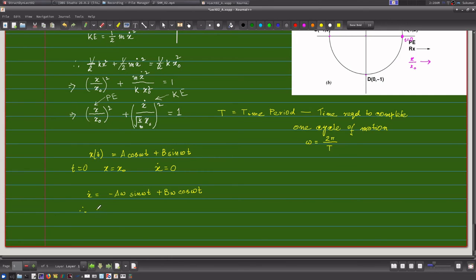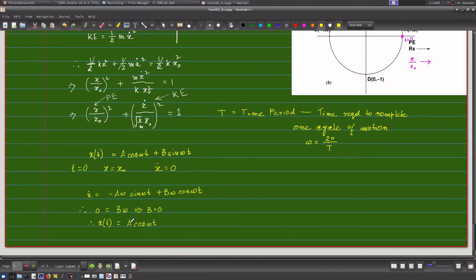Here sine 0 is 0, so this term will not be there, and cos 0 is 1, so the velocity at time t equal to 0 is equal to 0. Then from the right hand side we have b omega is 0, because sine 0 is anyway 0, therefore b must be 0, and therefore x(t) is a cos omega t.